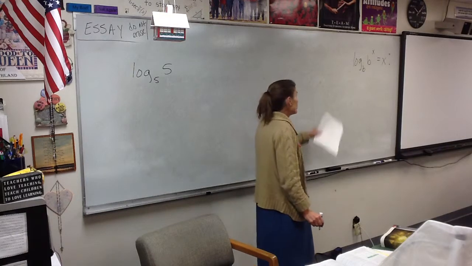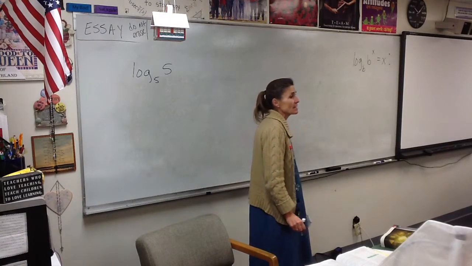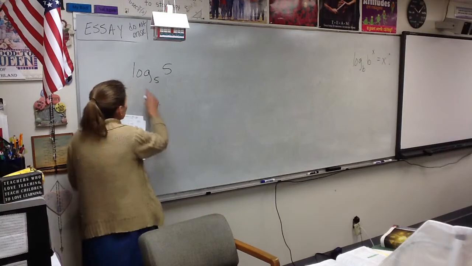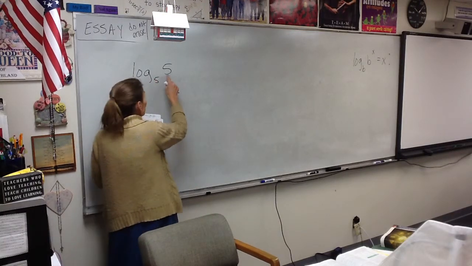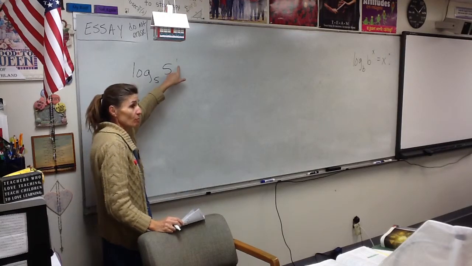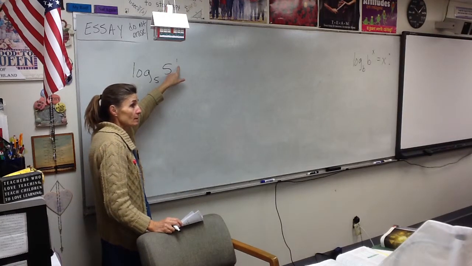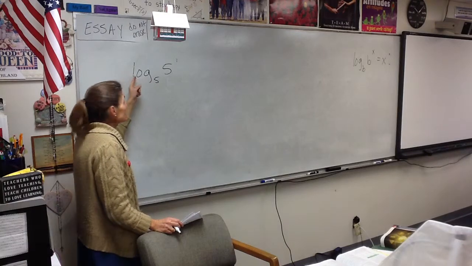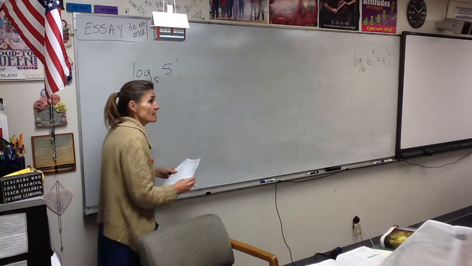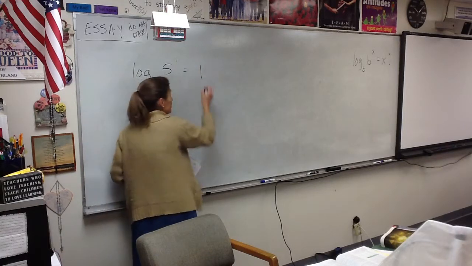Now, when you look at that, it looks so scary. But when you look at this problem, log base 5 of 5 to the first power, there's an understood exponent there. Would you agree with that? The answer is 1.